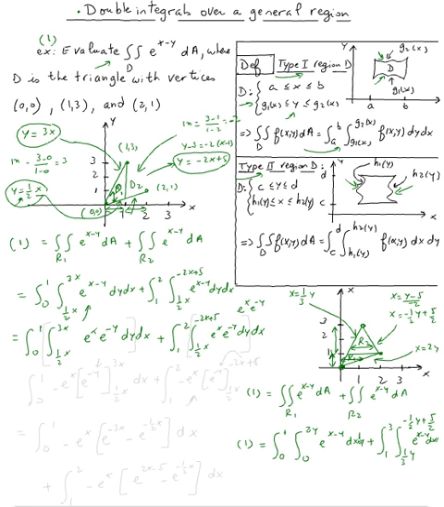Alright, now first you always want to do the inner integral. The good thing is both of them are the same except for the limits of integration. So e^x is considered a constant, I don't do anything to it.